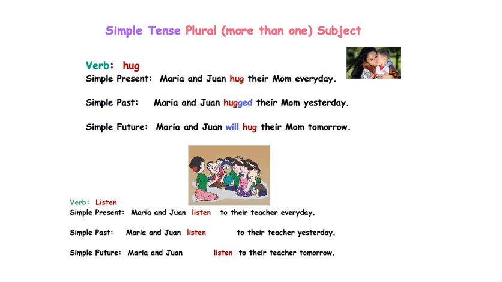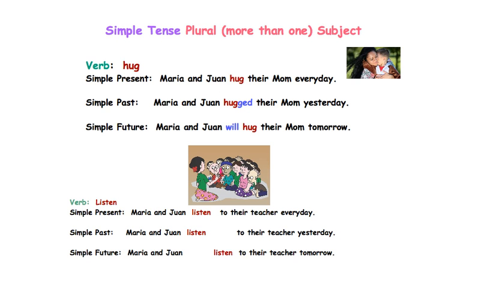In the simple past with two subjects, it will be just like it was for the one subject. You're going to add the ed. So Maria and Juan hugged their mom yesterday. That shows the past tense with two people, and it's just like the past tense with one person.